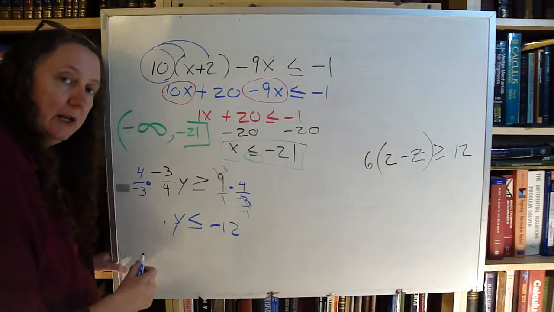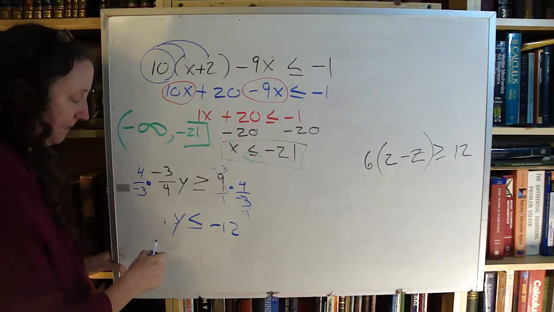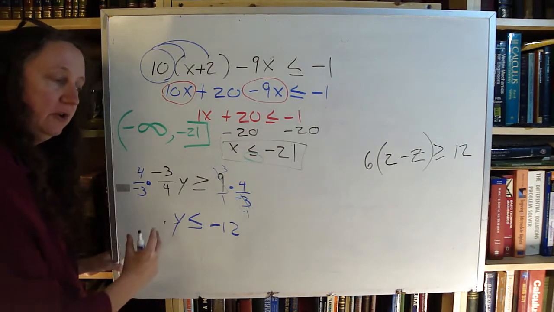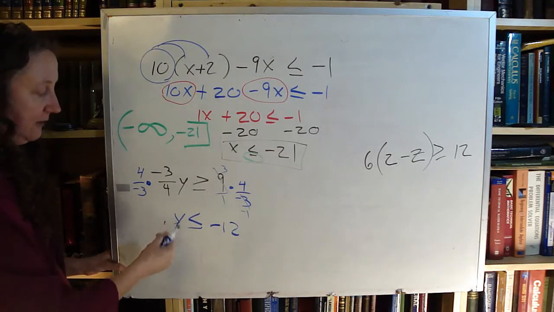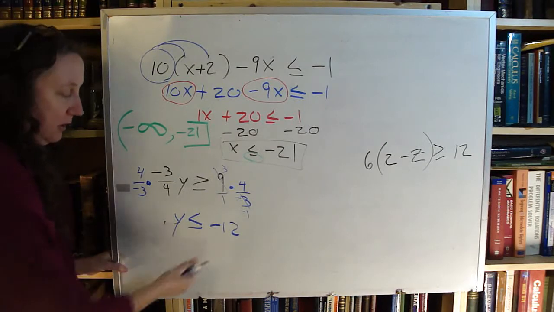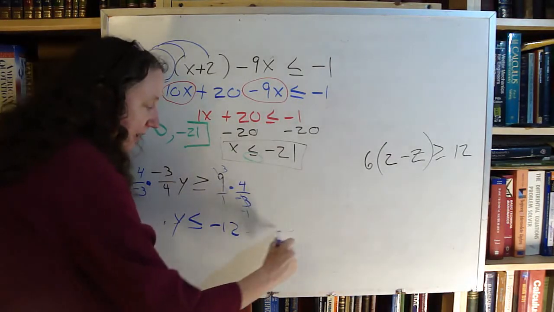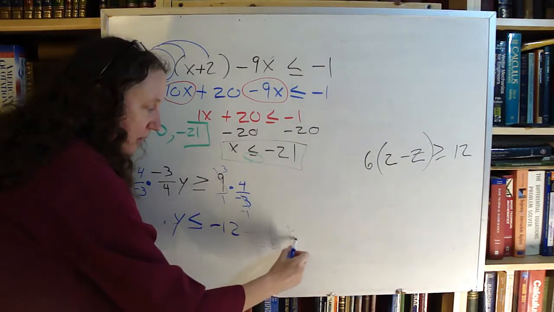Now I need to write my inequality as interval notation. So I know I'm going to have the negative 12 in there. Question is, is it going to be on the left or the right? So I have to check it with something. If I say 0 is less than or equal to negative 12, that's not true. So if I had my graph, I have my negative 12, and I have 0.